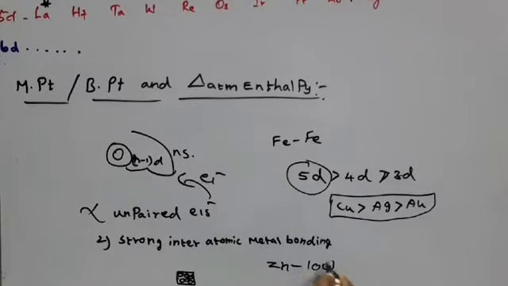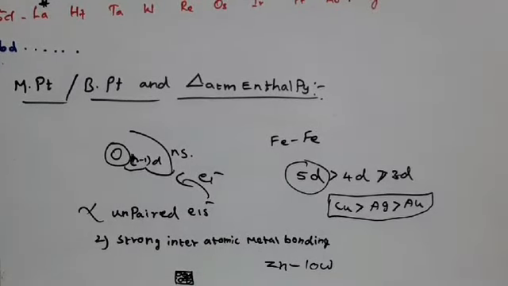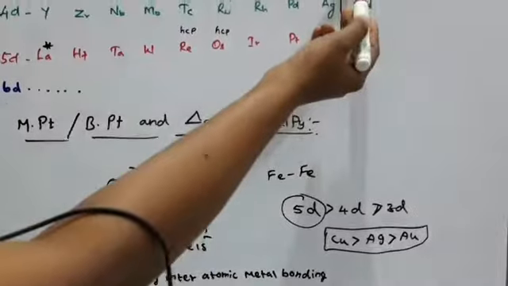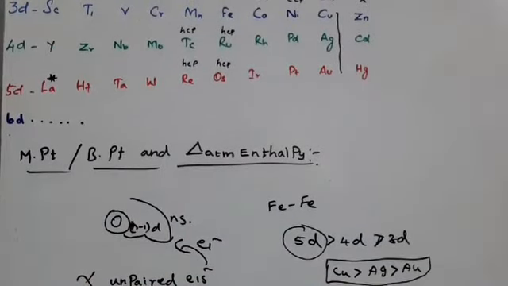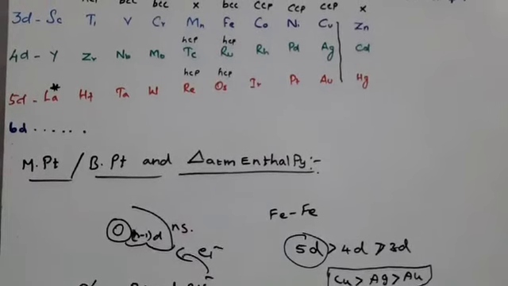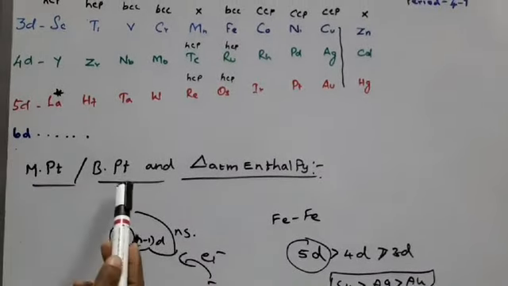Why is it low? There is no crystal arrangement, no crystal lattice. So it has a low melting and boiling point, and is highly, easily volatile. So this is your melting point and boiling point.